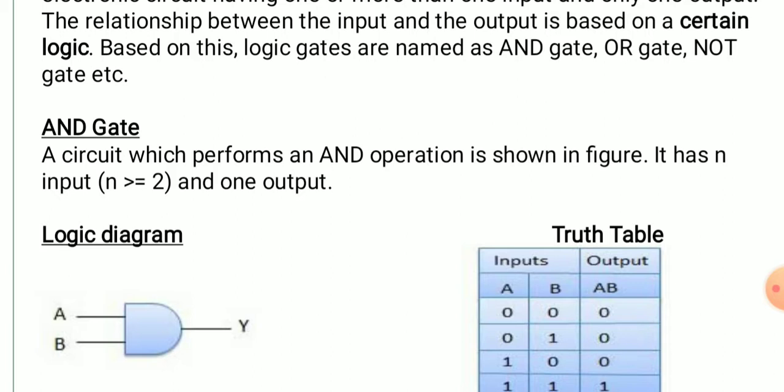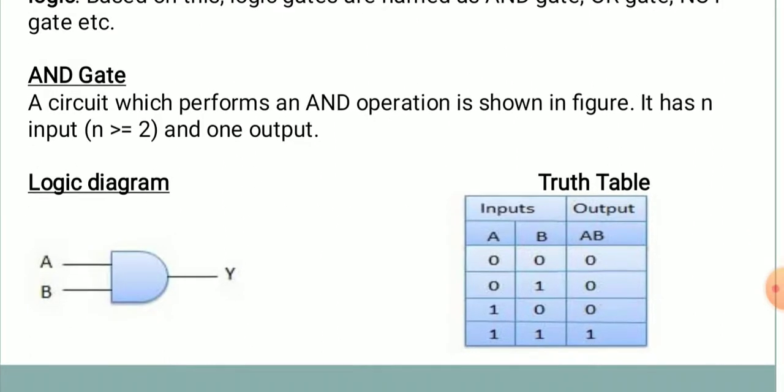It can be better understood using a truth table for all possible values of inputs and outputs. We can see a truth table for the AND operation. As seen in the truth table, for the two inputs A and B, the output is given as AB.